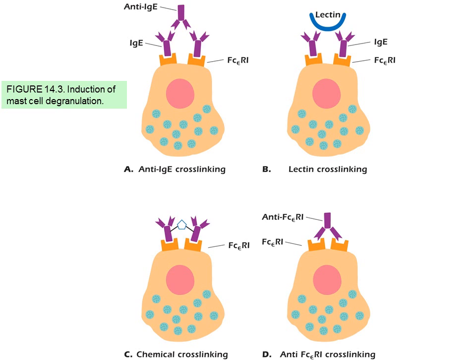We can have chemical cross-linking, so we can have anything that joins them together, because they are very close. Or we can have an anti-Fc epsilon R1. So these are logical, plausible, possible mechanisms, because the idea is that you just have to join these two wires together to initiate the action. So these are some of the possible things that you may see in allergic patients.